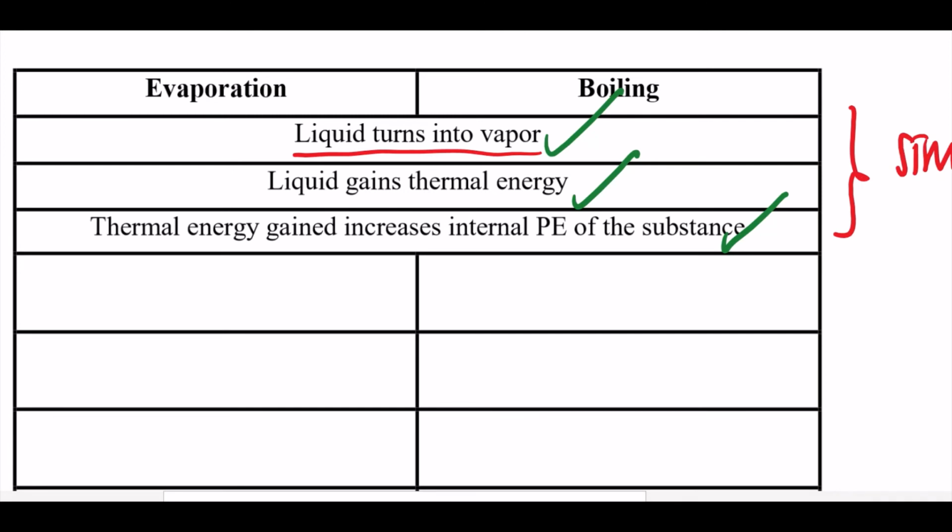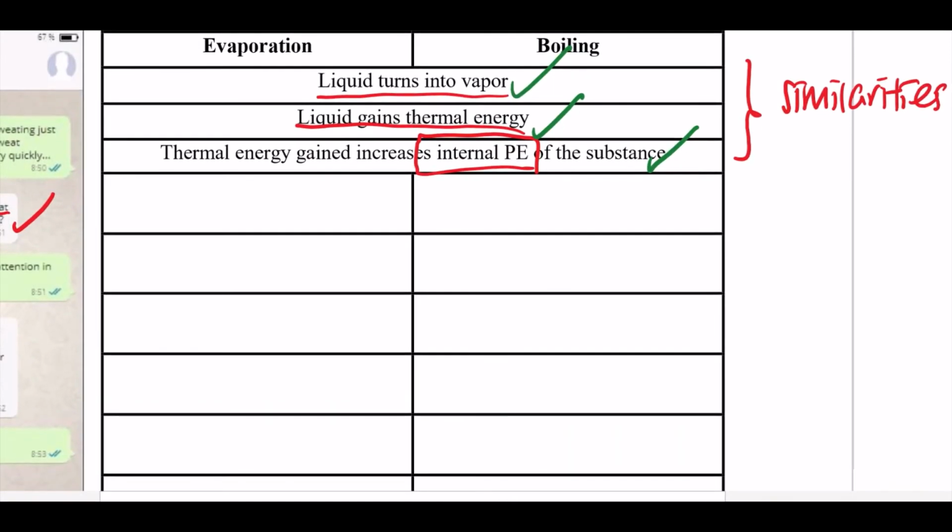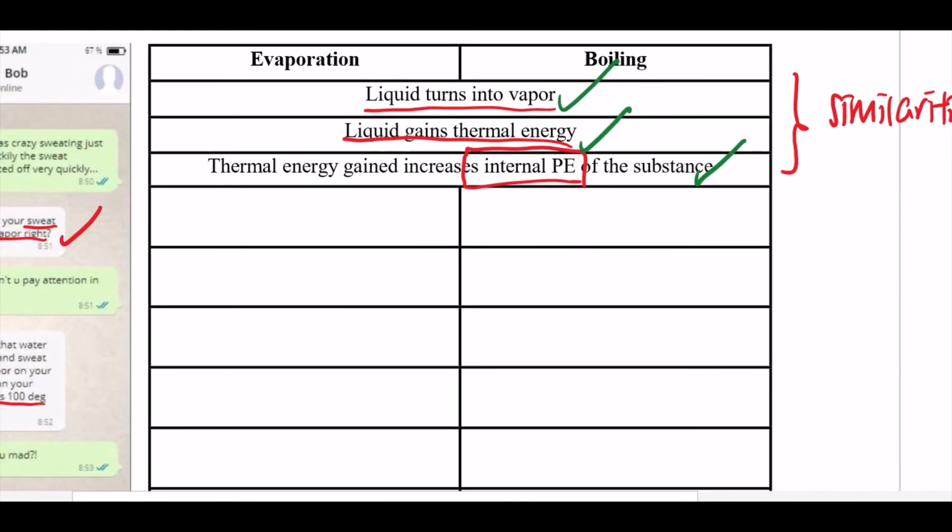In both cases, the liquid gains thermal energy when they turn into the gaseous state. And the thermal energy gained increases the internal PE of the substance. That is true, if we look at the boiling process just now, the heating curve: temperature does not change because internal PE increases, and so on. So these are the three similarities between the evaporation and boiling processes.